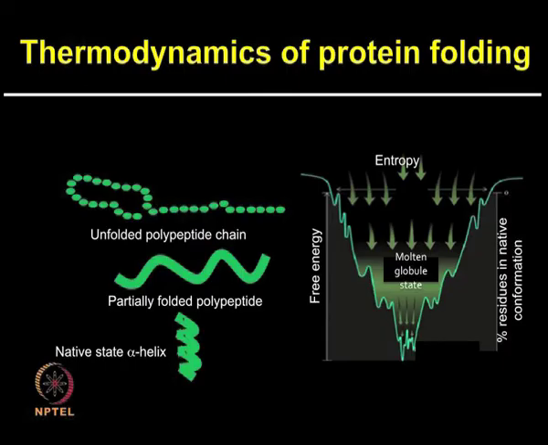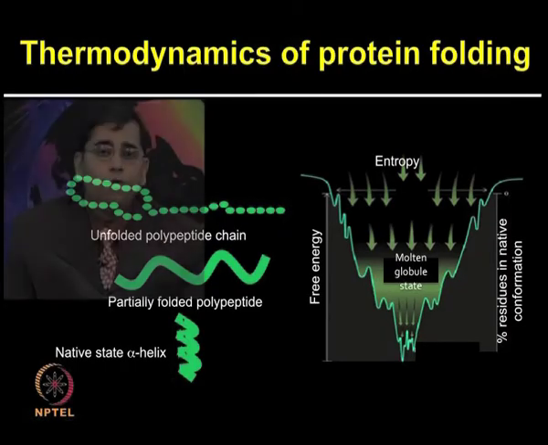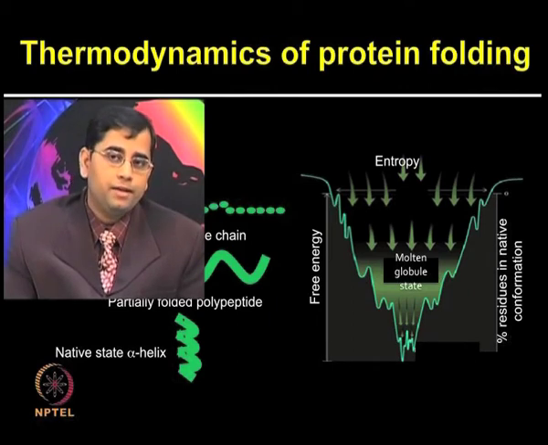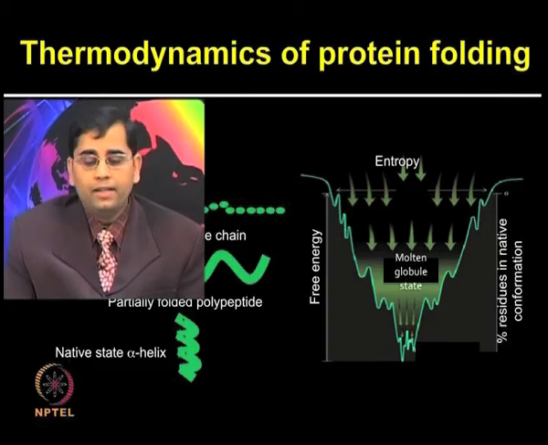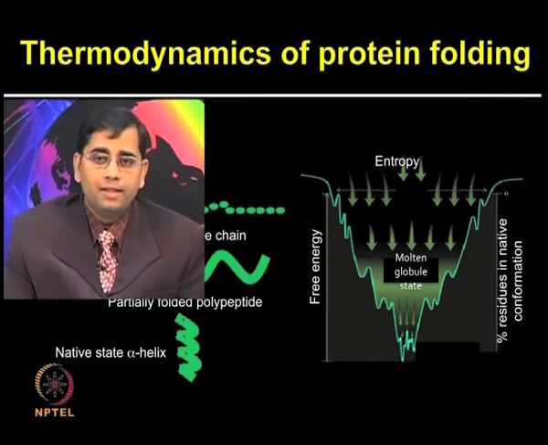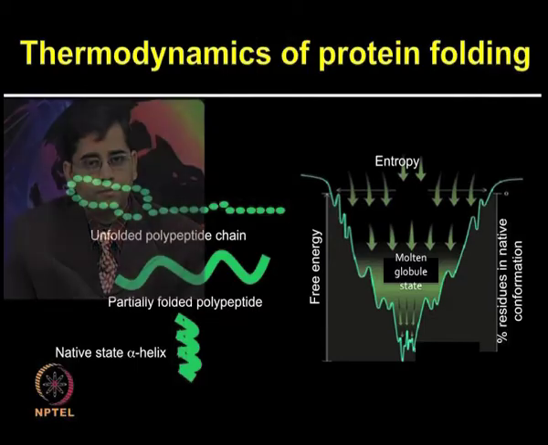As you can see in this complex picture here, the folding process can be explained thermodynamically as a free energy funnel. If you look at the right hand side, the open mouth of the funnel represents the wide range of structures which are accessible to the ensemble of denatured proteins.